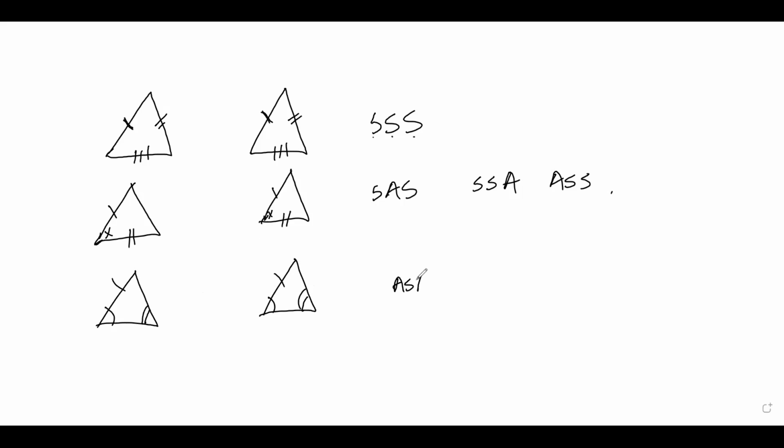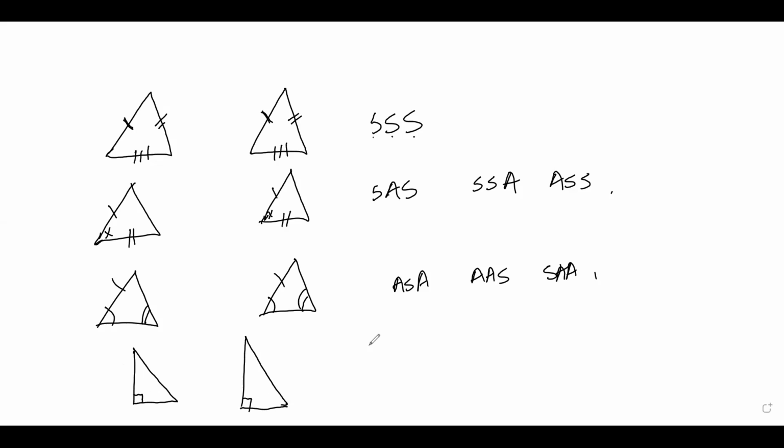So here you have angle, side, angle, or you can say angle, angle, side, or side, angle, angle. If you find that 2 corresponding angles are equal and the other corresponding side is equal, therefore the triangles are congruent.